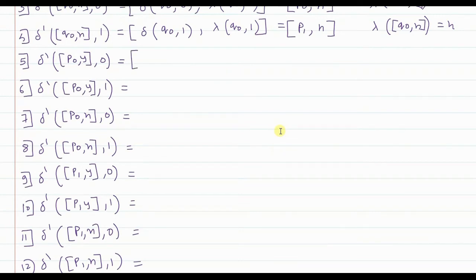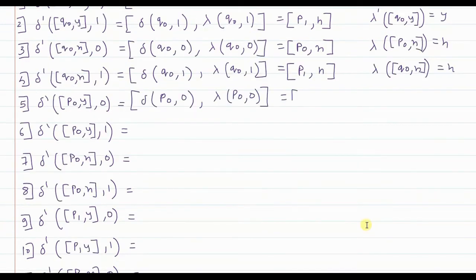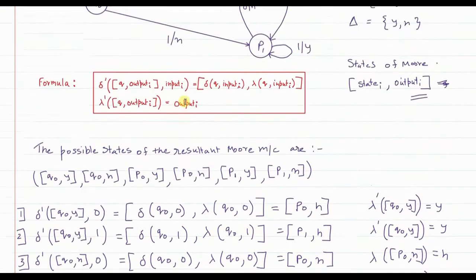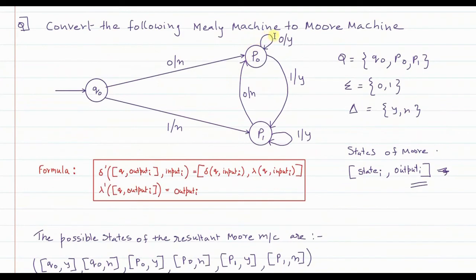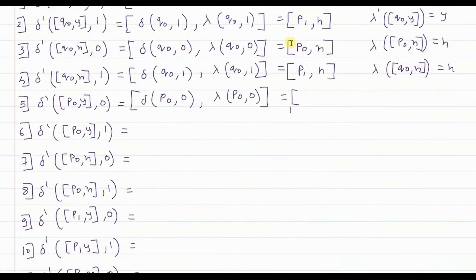So this can be further written as δ' of the state P0 on input 0 is δ of the state P0 on input 0 comma λ of the state P0 on input 0. Now just see from state P0 on reading 0 where it goes.